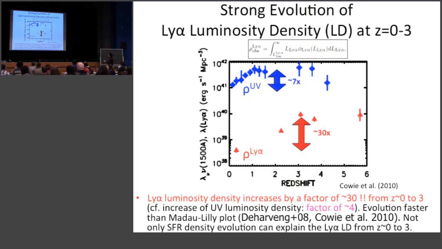If you compare it with the UV luminosity density evolution, it's a factor of 7. And also, if you correct for dust extinction, like the Madau-Lilly plot, the star formation rate density increases up to a factor of 10 from redshift 0 to 1. So this strong increase of the Lyman-alpha luminosity density tells you that Lyman-alpha is something special, not following the simple star formation rates.